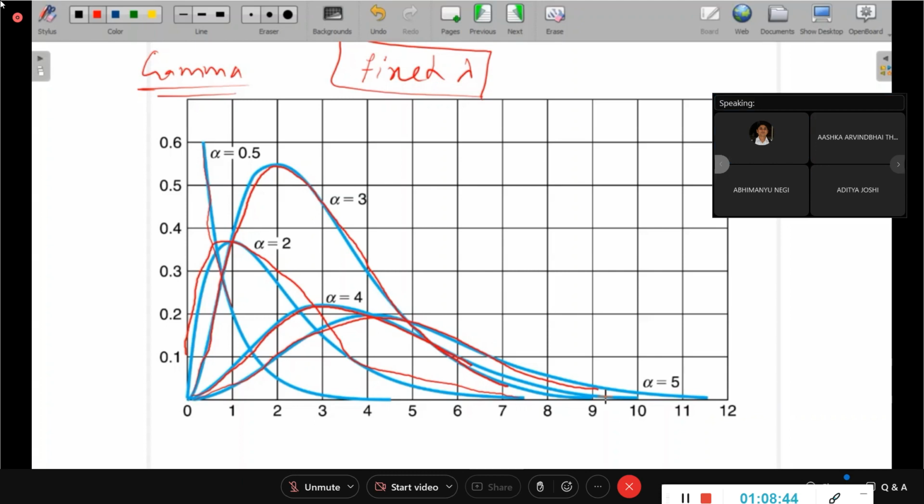Sir, I think it tends to the uniform distribution as alpha increases. Uniform? Do you recognize the uniform distribution is a line parallel to the x-axis? No. It will go towards the bell-shaped curve, meaning the normal distribution.